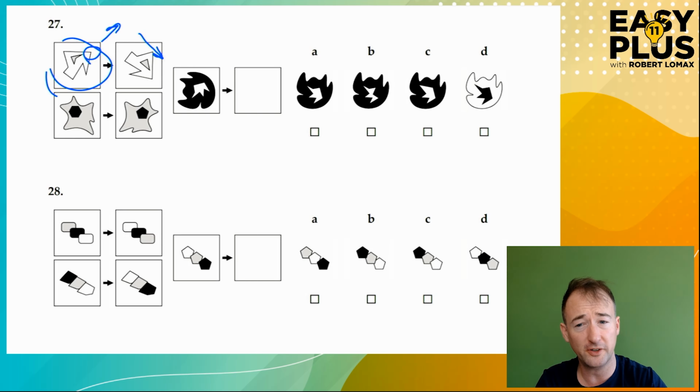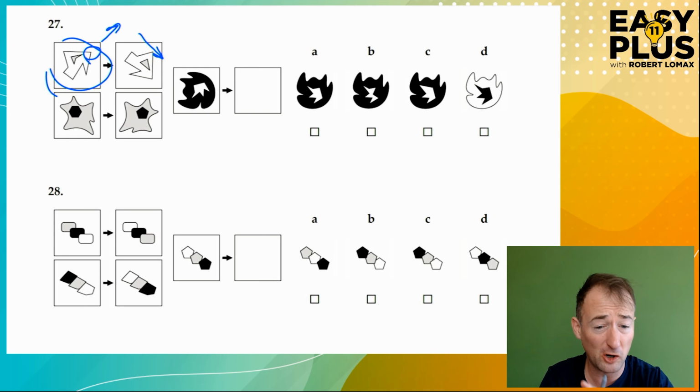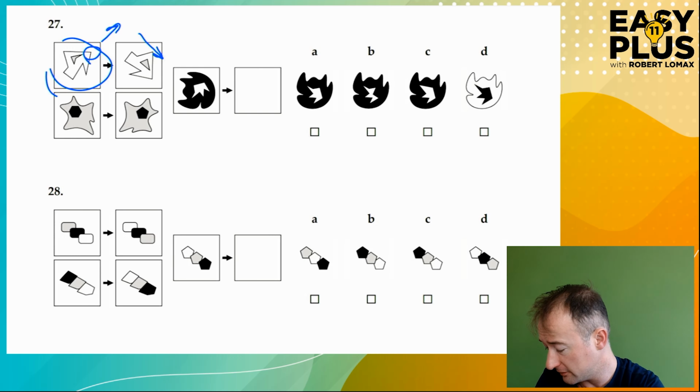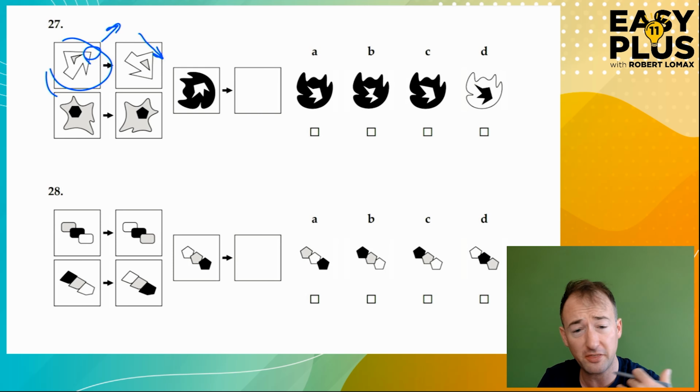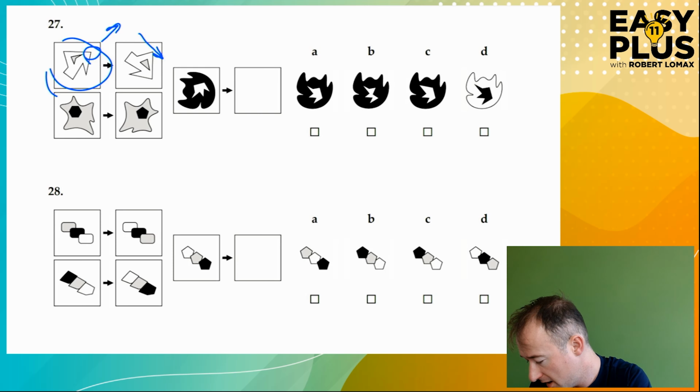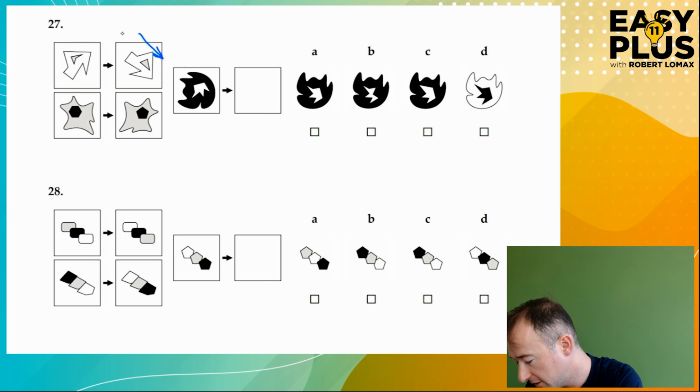So have we got a 90-degree clockwise rotation going on? Let's find out by looking at the next one. So we have a theory, then we test it. This bit here is up there, top left, and now it's top right. And everything else looks kind of the same. So here we do again have a 90-degree clockwise rotation of the outer figure.